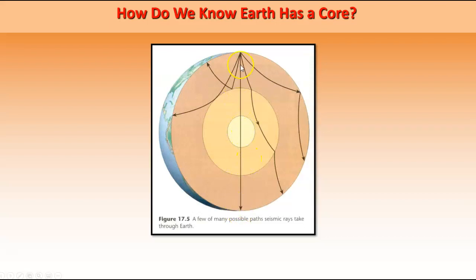Because we know the distance between one edge of our planet and the other, and we have some information about what the material is inside the Earth, if it was all liquid, remember when it hits a liquid, the speed slows down. And we know the size of this thing, so we can say, oh, for this amount of distance, it's going to be slower. And then it should pop out the other side, and I can estimate how long that should take. But it arrives much faster than it should if it was entirely liquid.